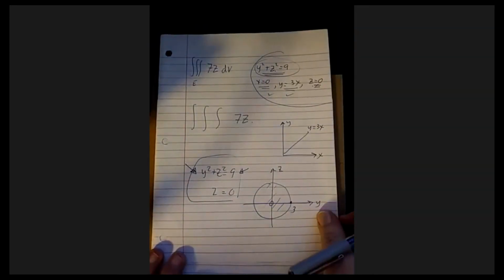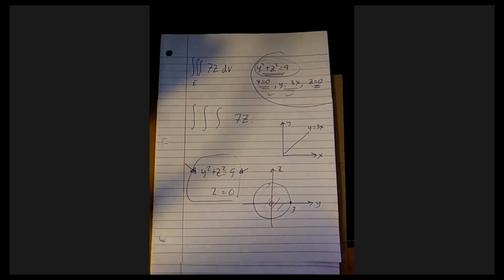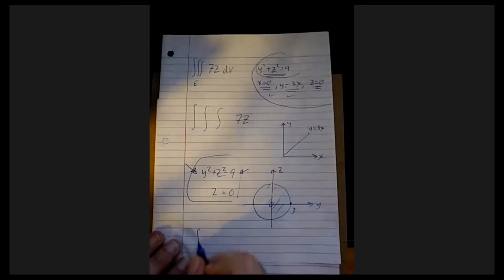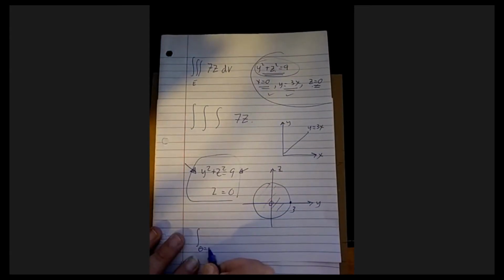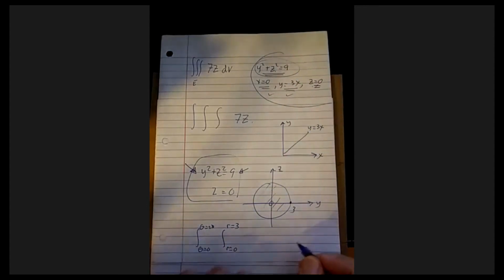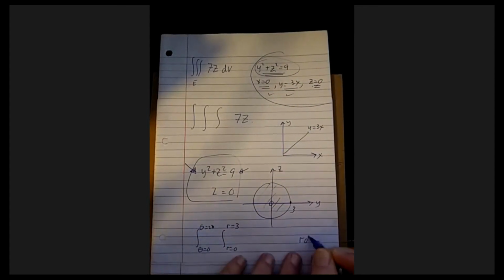And not only can I do that, can I do it in terms of polar coordinates that have numbers in them? So, for instance, it will be theta equals 0 to theta equals 2 pi, and it will be r equals 0 to r equals 3. And then it's going to have an r dr d theta.